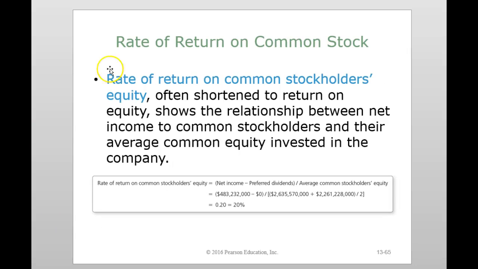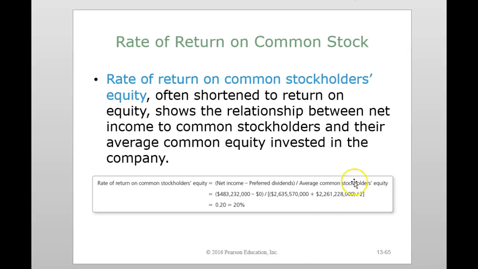And the final one we'll look at is rate of return on common stock or equity. Again, that's a really easy equation. It's net income minus preferred dividends, divided by average common stockholders' equity. Now we're looking at the dollars, not the actual number of shares.